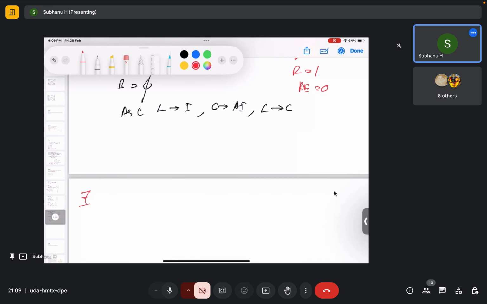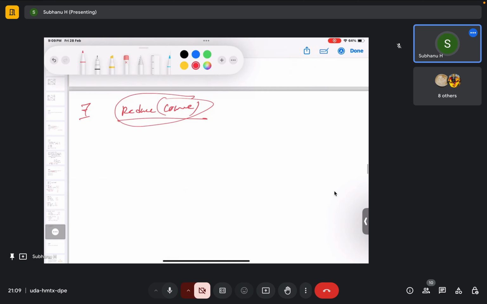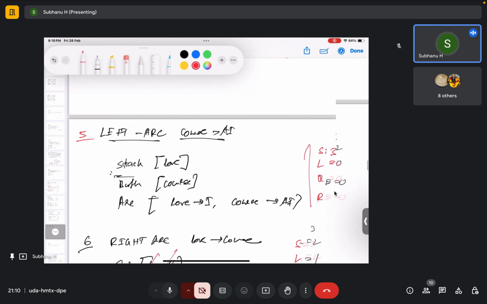Here I have to reduce course. Right? So here I have to reduce the course. Okay, that means now the buffer is empty. So first I had love and course, and I have reduced course. The buffer is empty now. Course already has a head, love, so we can safely pop it.